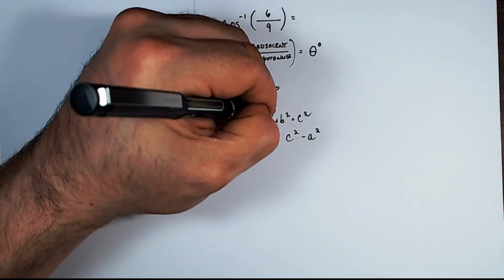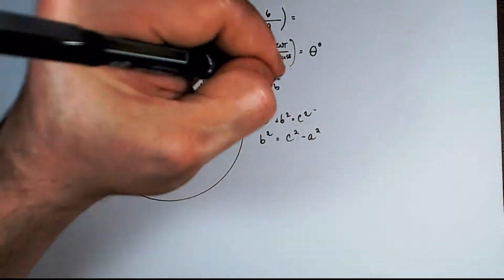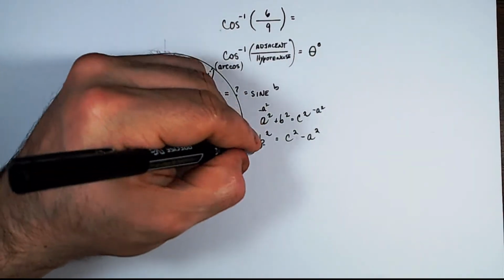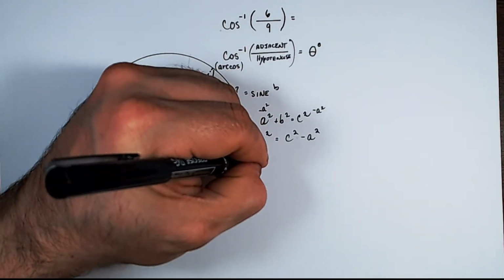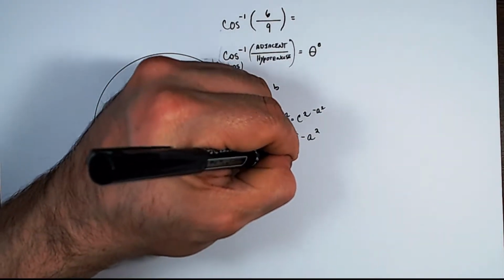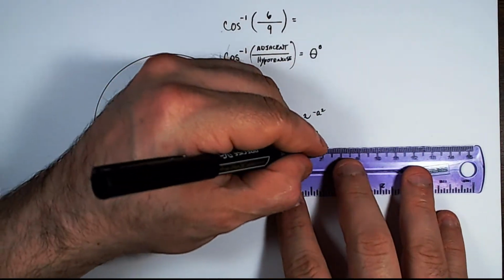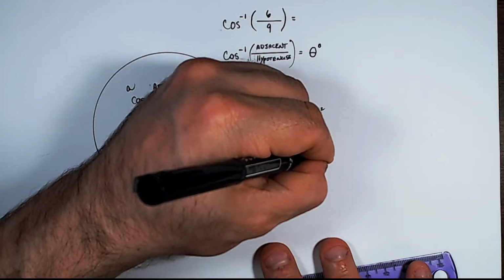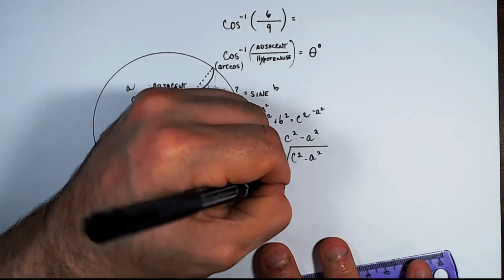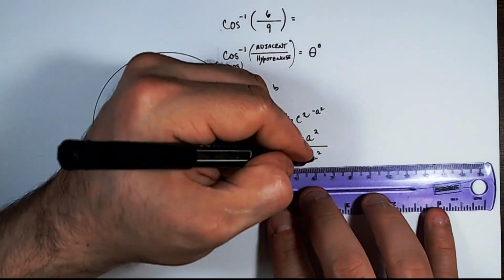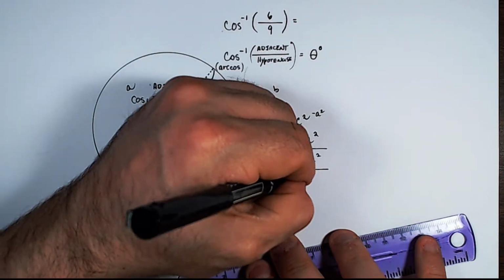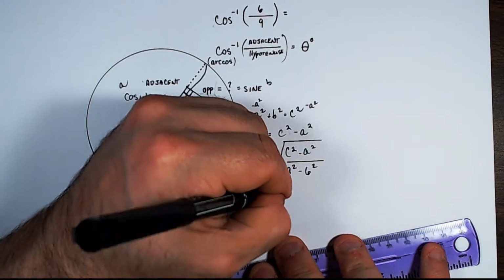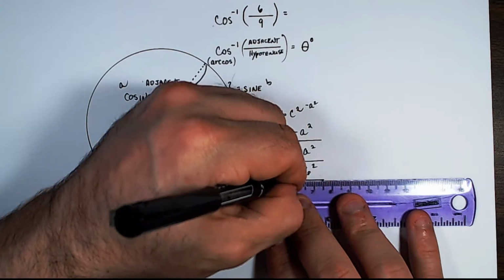I just subtracted the A squared over here and over here. So B equals the square root of C squared minus A squared. And now we plug in our values. That means we're going to take the square root of 9 squared minus 6 squared, which is the square root of 81 minus 36.